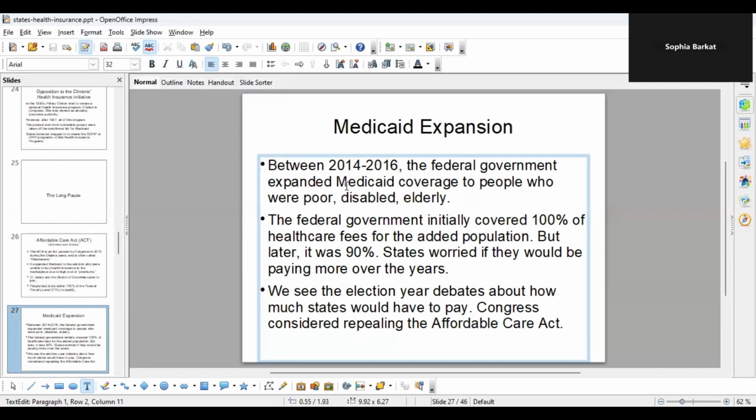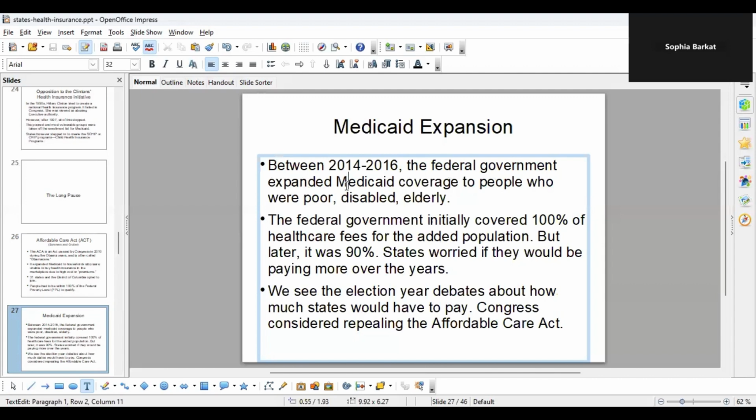So the federal government initially covered 100% of healthcare fees for the newly added population. So whoever was added between 2014 and 2016, the federal government paid for it. But later, the federal government contribution was 90%.